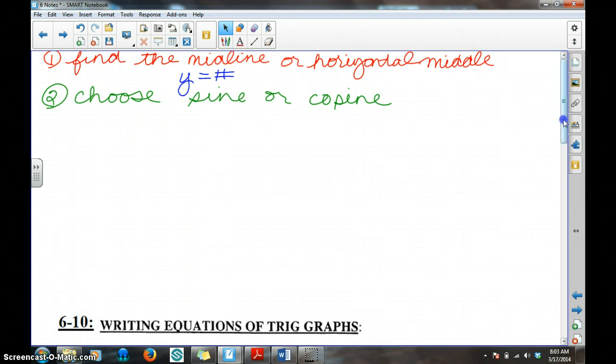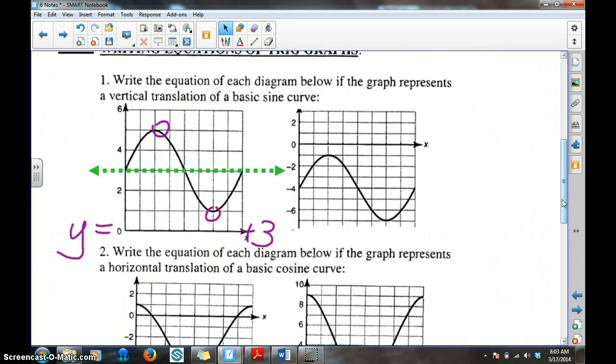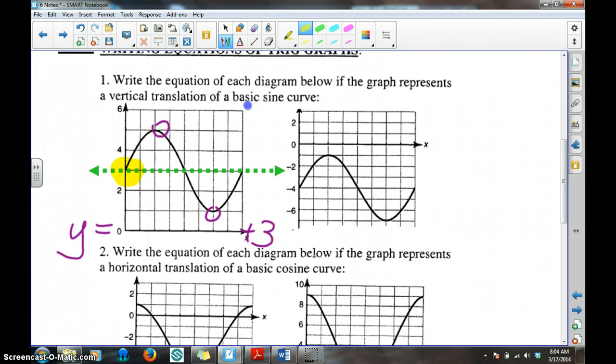Which is to say, if the graph intersects on the y-axis at the origin, and I'm saying origin with a little bit of emphasis there because the origin that I'm speaking about is not necessarily the real one, but the one that would have been the origin if I were graphing this.